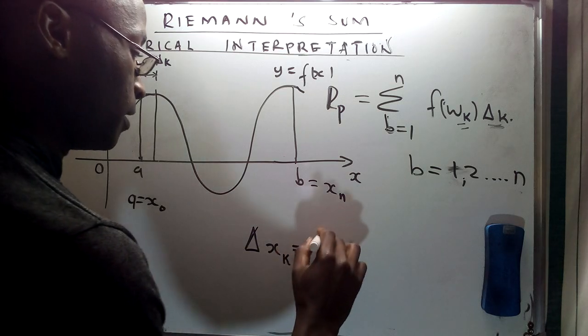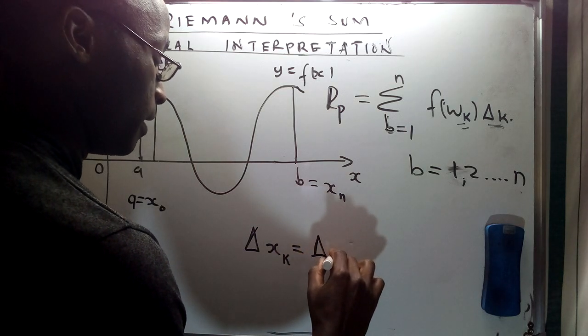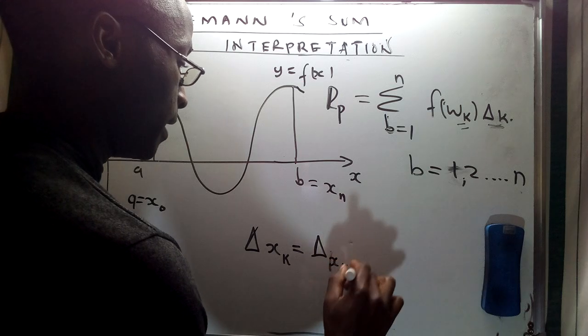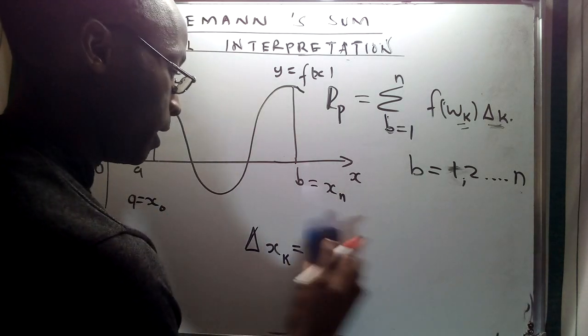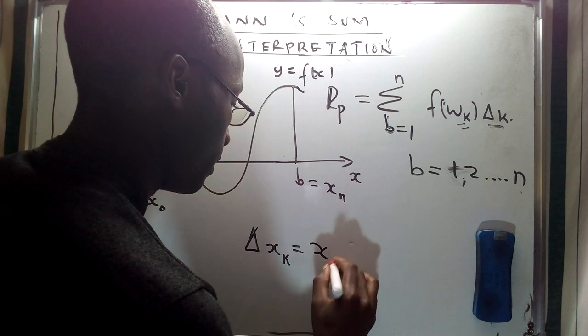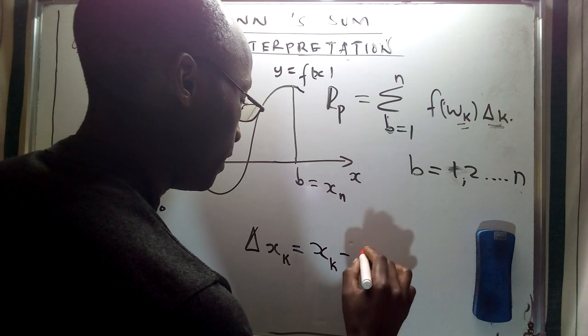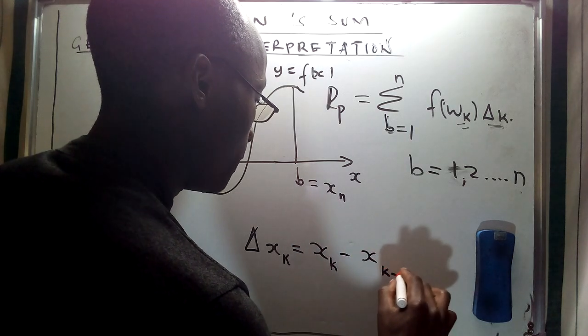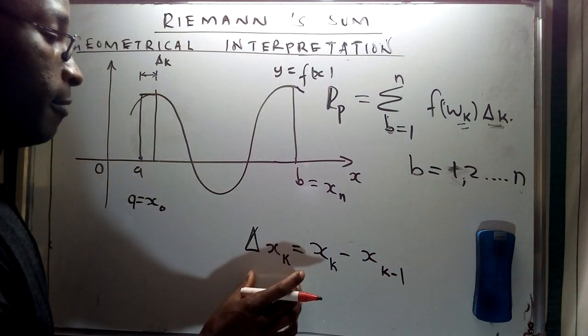This is achieved through the range of values xk minus xk minus 1, which gives us the difference.